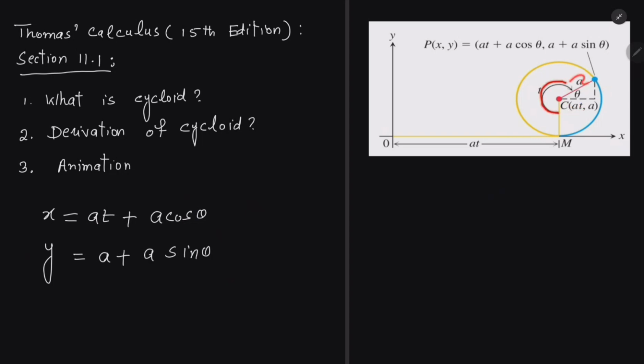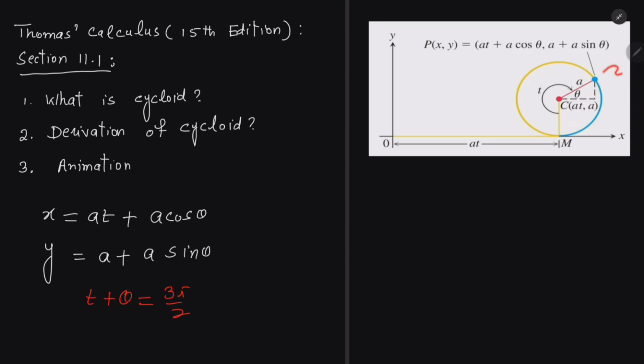What is this angle? This angle is the sum of one angle which is 180 and another angle which is 90 degrees, right? So t plus theta will be equal to 3 pi by 2.